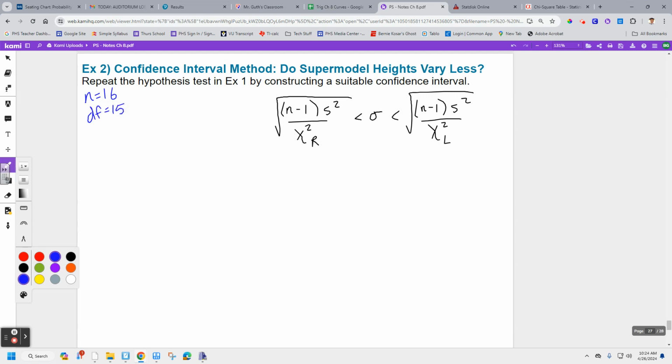That means you've got a 15 right here. And remember, we calculated that standard deviation before. That was 1.84391.